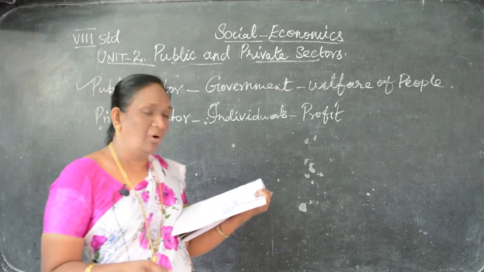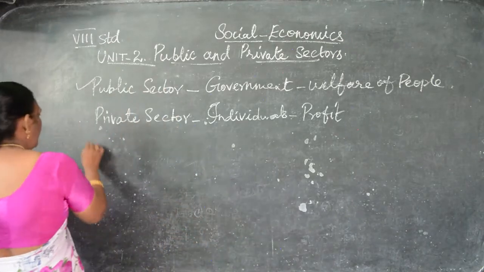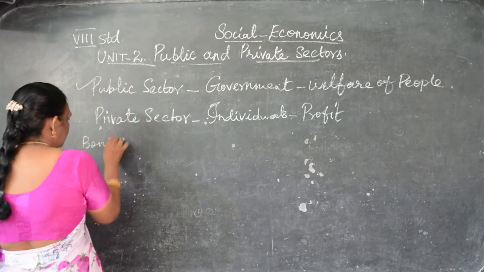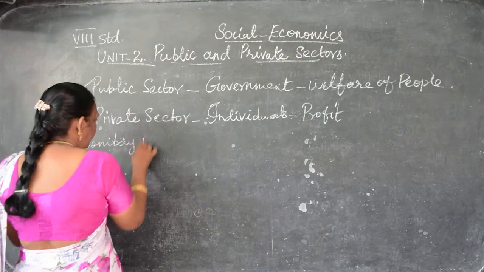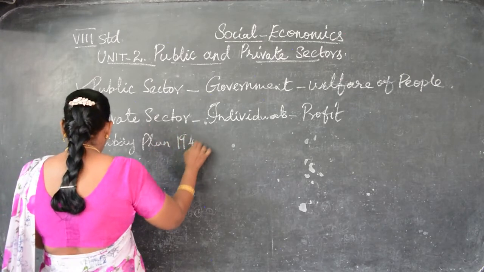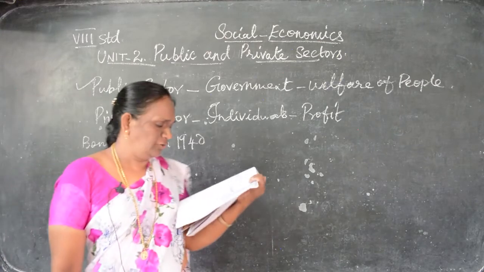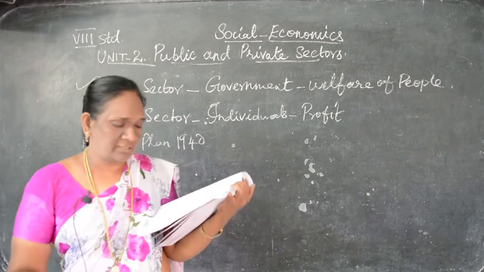Building upon the Bombay Plan, in 1940, it was called the Bombay Plan. What was this plan? Bombay Plan in the year 1940, which noted the requirement of the government, the rules and regulations.